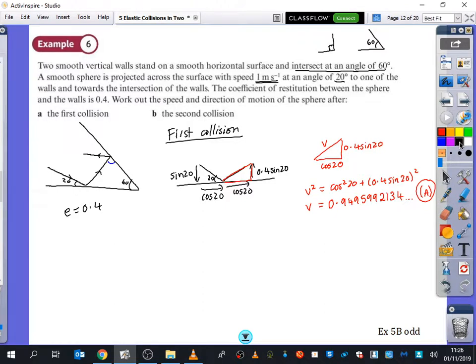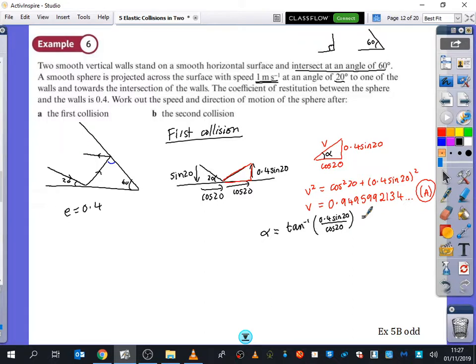So now we just want to go back and find out what the angle is as well. So let's call this angle here alpha. Alpha is found by doing the inverse tan of 0.4 sine 20 over cos 20.